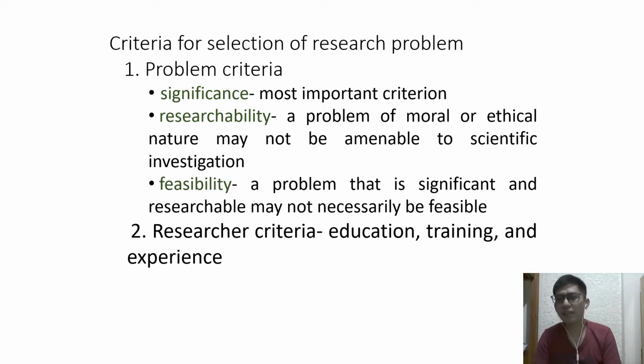Is it significant to me? Next is researchability. A problem of a moral or ethical nature may not be amenable to scientific investigation. Is it researchable? Such as having a research that has a higher increase of death or mortality.